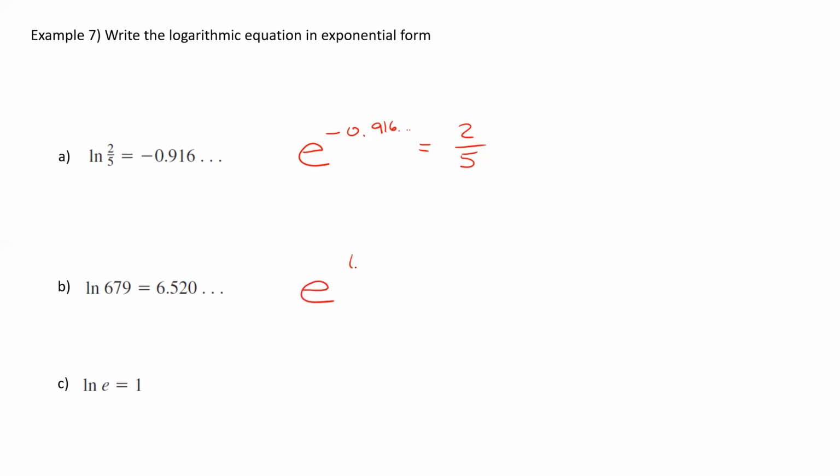Let's go with it. e to the 6.520 is approximately 679. Okay, log L, so that means this is going to be true or not true? I think so, true, right? Boom, there it is. It's true in exponential form. Okay, let's go the other way. So this is log form into exponential form. Got a few people still copying it down.